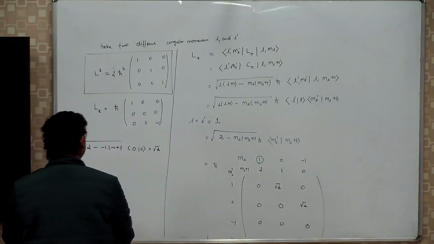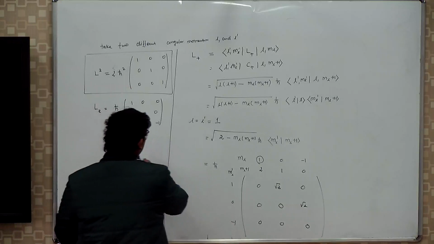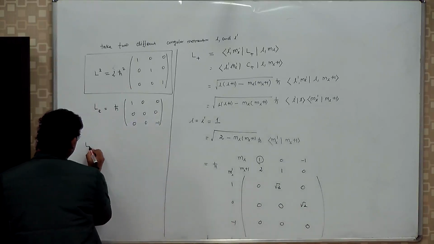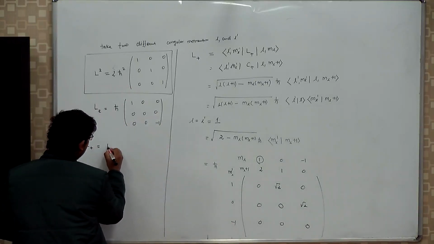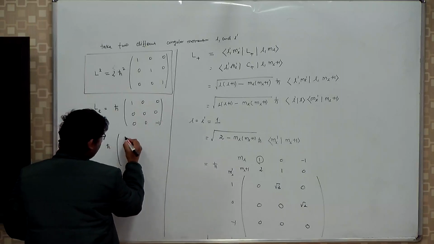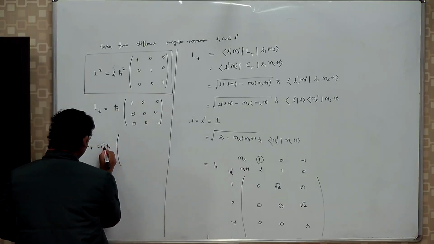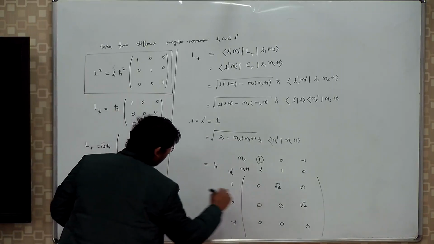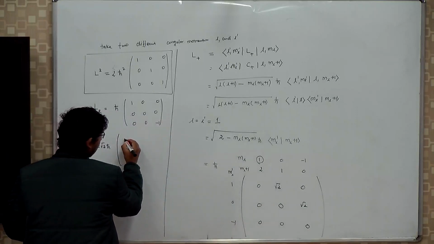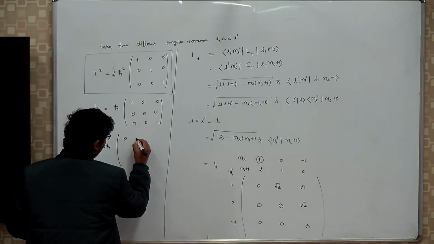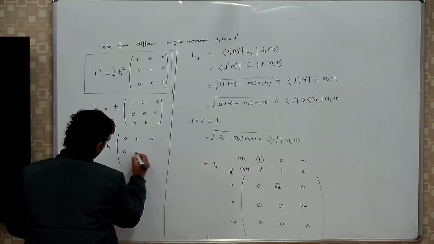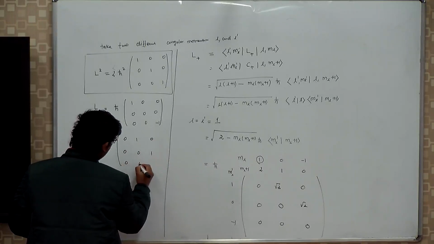So the matrix representation of the raising operator L plus is nothing but ħ square root of 2; we can take square root of 2 outside, then 0, 1, 0, 0, 0, 1, 0, 0, 0.